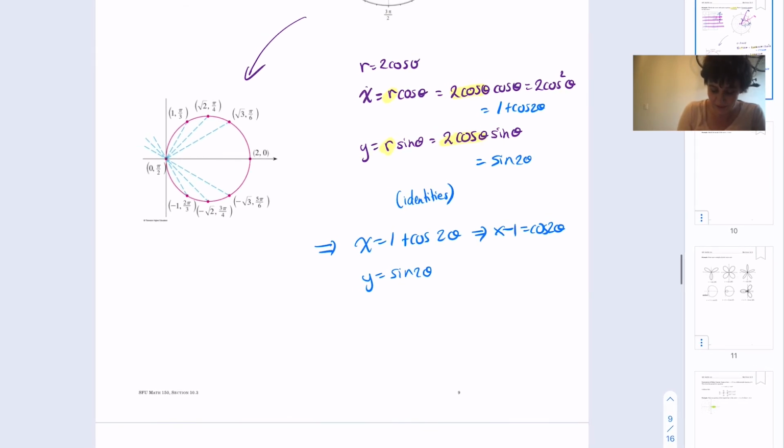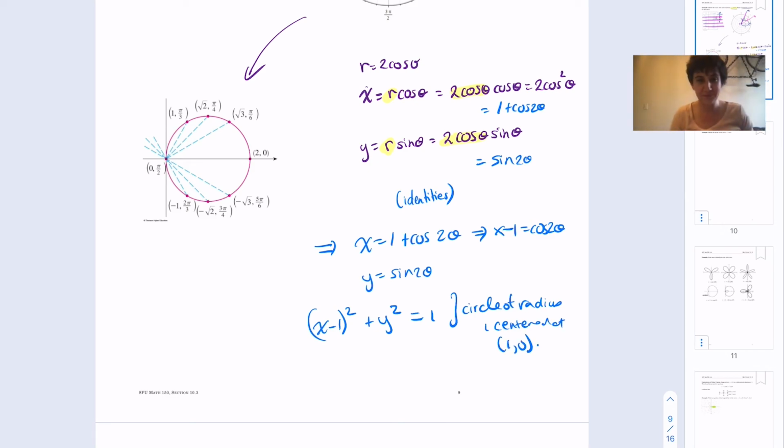And so if we do x minus 1 squared plus y squared, what do we get? This is 1, right? This is our circle of radius 1 centered at 1, 0.